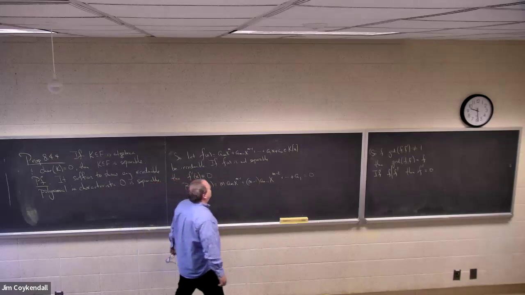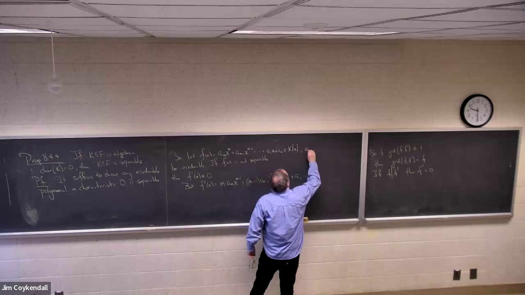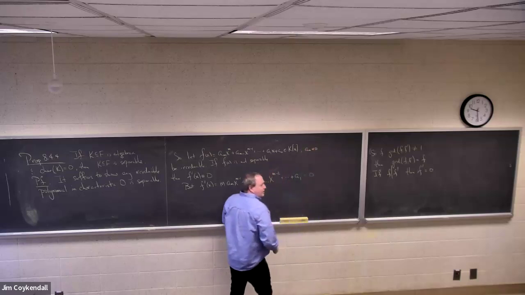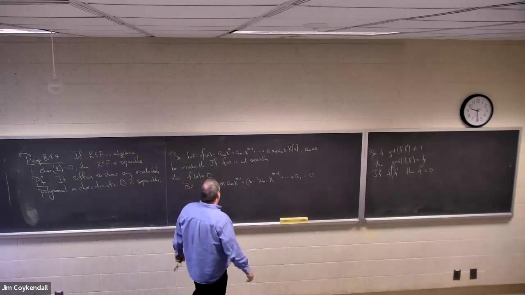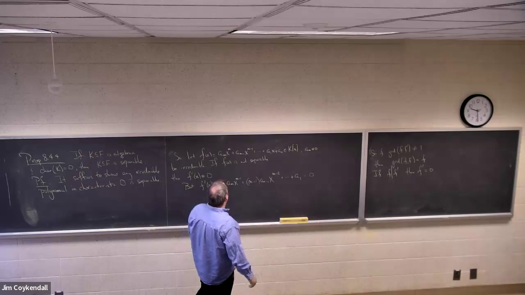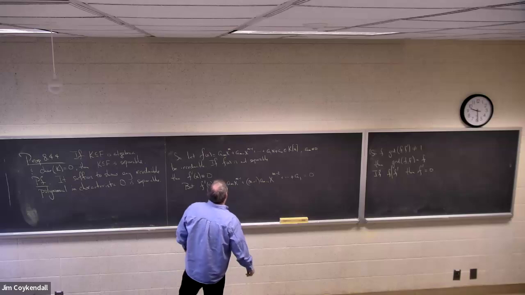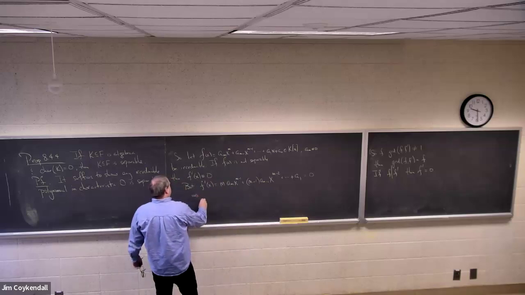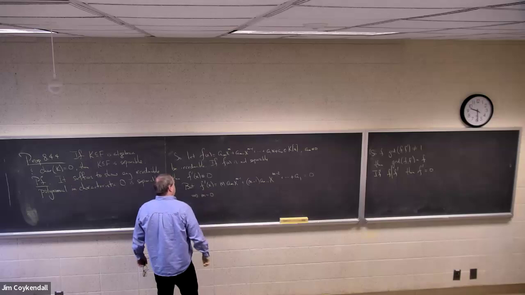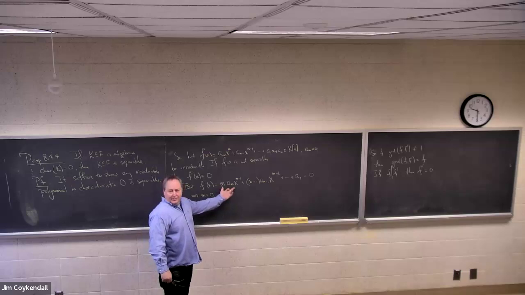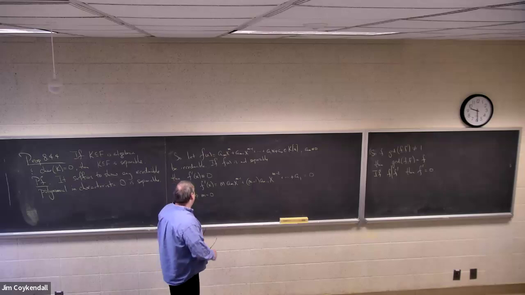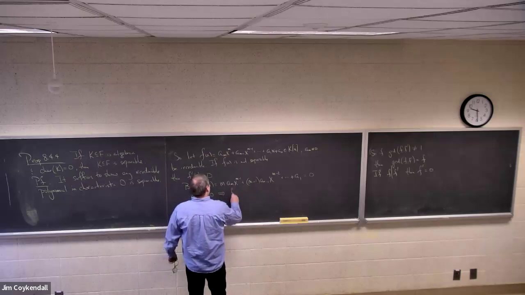And here, I guess I could have assumed A_M is not zero, because otherwise, why would I have written it? But this must imply that this first term has to be zero, which forces M to be zero, which means that the original polynomial is constant.